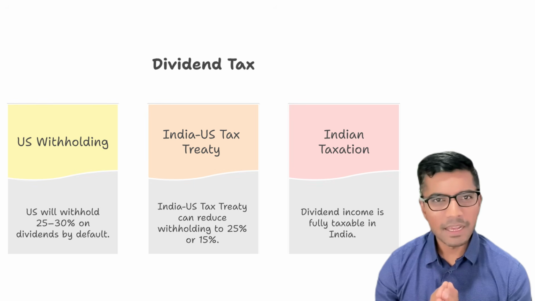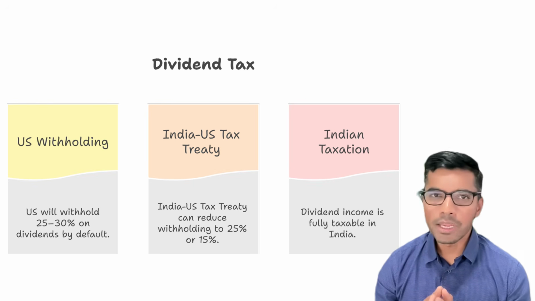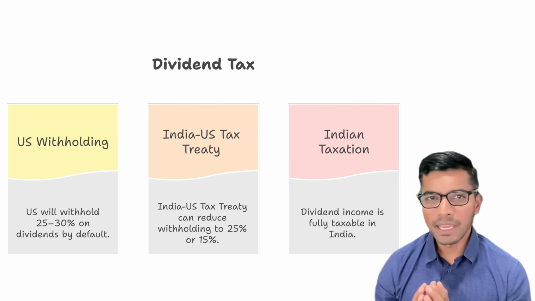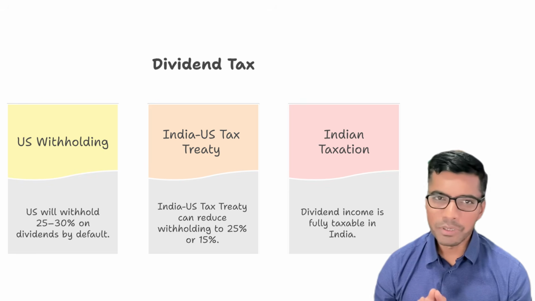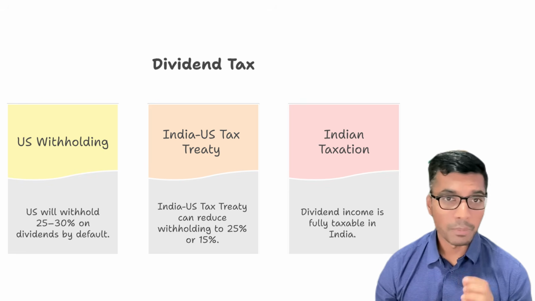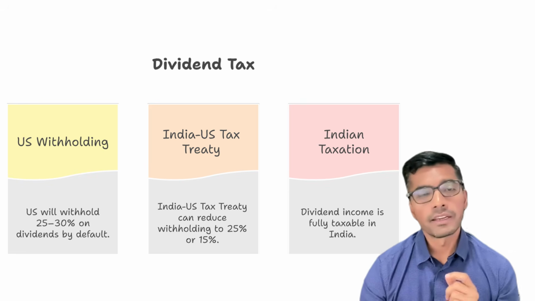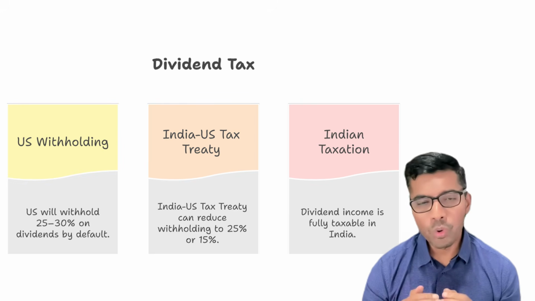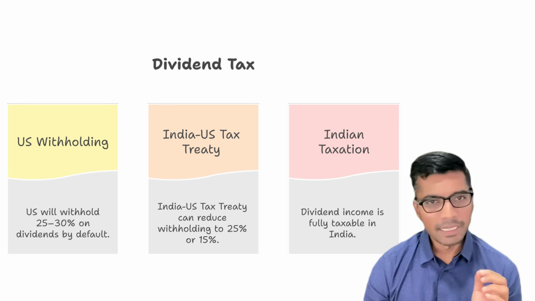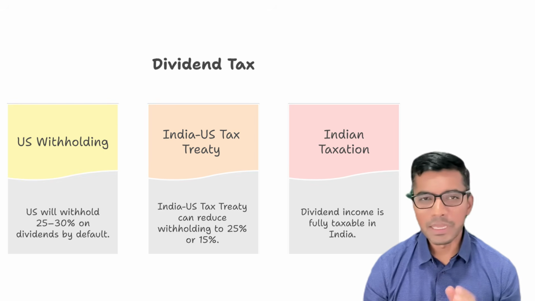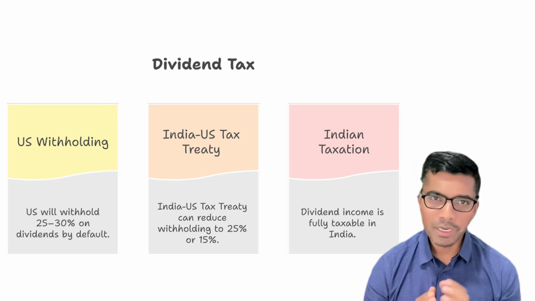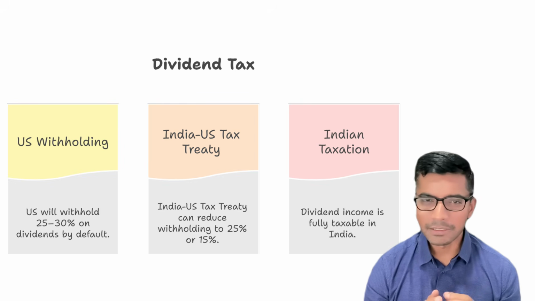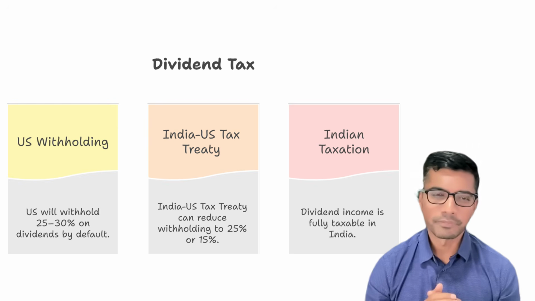However, with the India-US tax treaty, you can bring it down to 25%, or in some cases, it can be brought down to 15% depending on the investment. But please note, you have to file W-8BEN with your broker to have that lower withholding tax. In India, dividend income is taxed based on your slab rate. And don't forget to claim the credit for the tax that you have already paid in US.